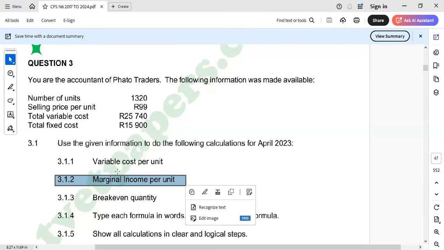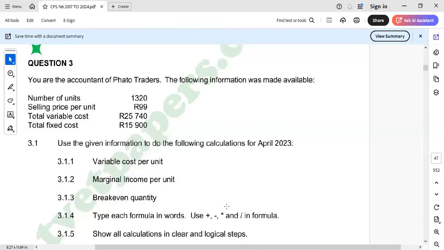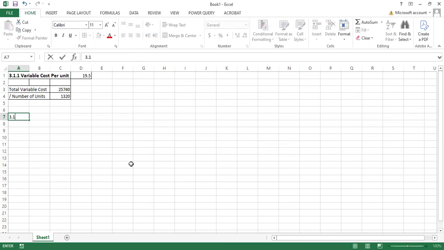So, our formula, let's go back to our Excel. So, for the 3.1.2, we write marginal income per unit.